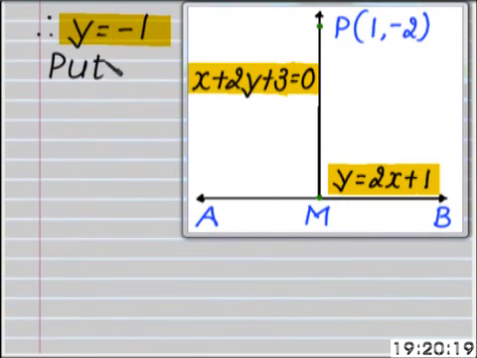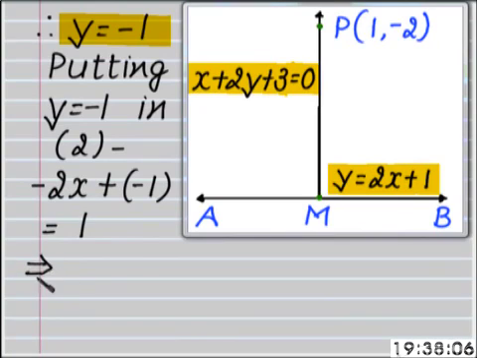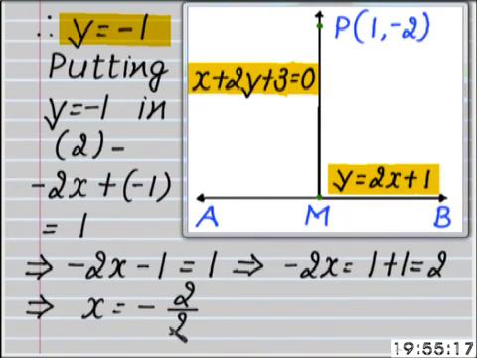Now, putting the value of y equal to minus 1 in equation number 2, we get minus 2x plus minus 1 is equal to 1 implies that minus 2x minus 1 is equal to 1 further implies minus 2x is equal to 1 plus 1 equal to 2 implies that x is equal to minus 2 upon 2.